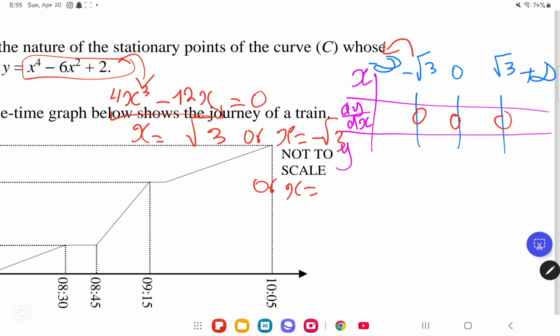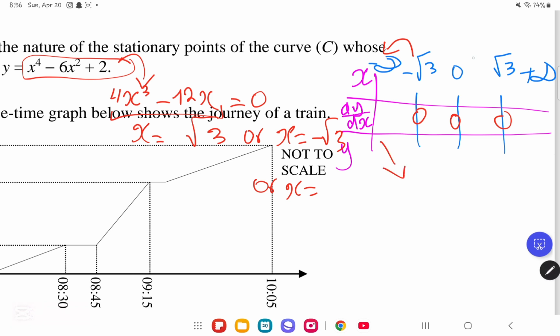So it would be 4 times minus radical 5 cubed minus 12 times minus radical 5. You put it on your calculator, and you're going to get minus 8 radical 5. So this is a negative answer.